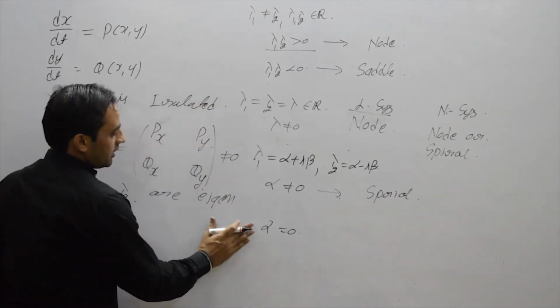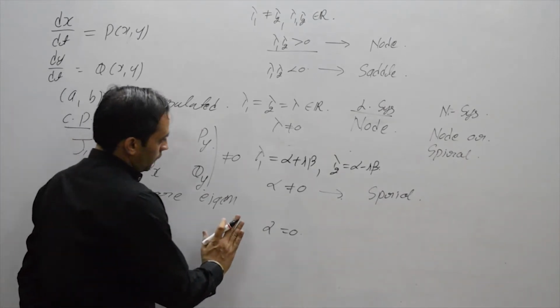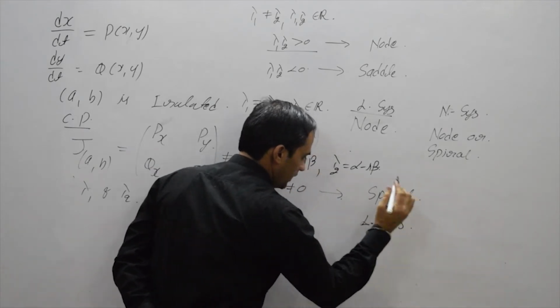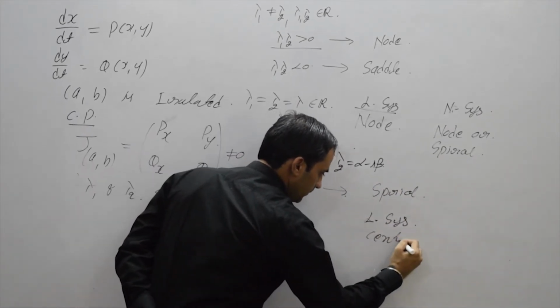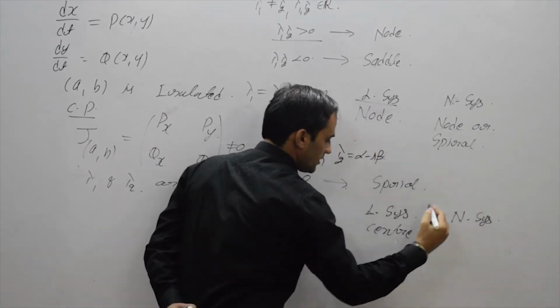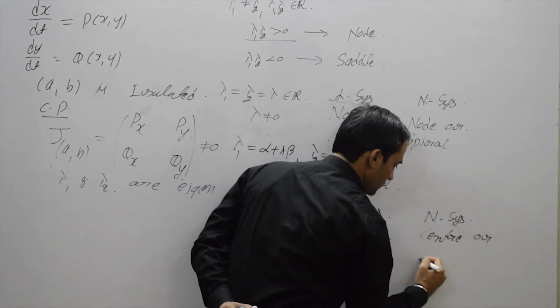Again, in the second case, there is a change for the critical point between linear and non-linear. For a linear system, it is a center, and for a non-linear system, it is either a center or a spiral.